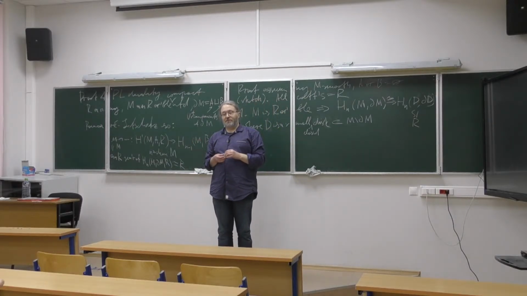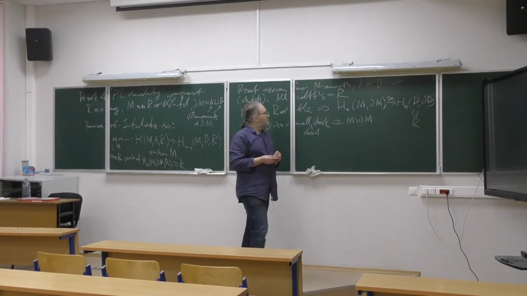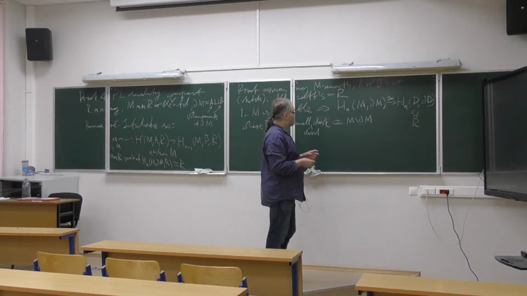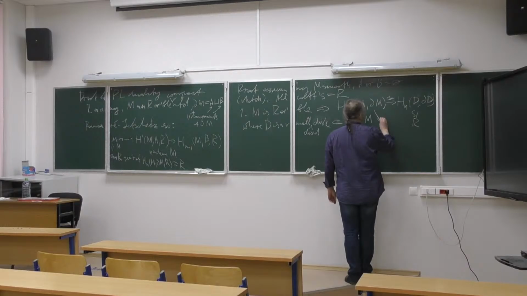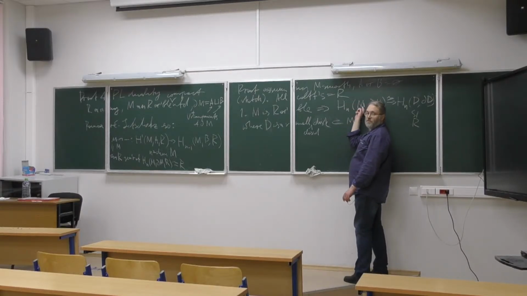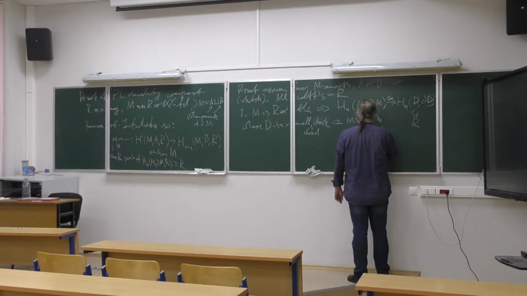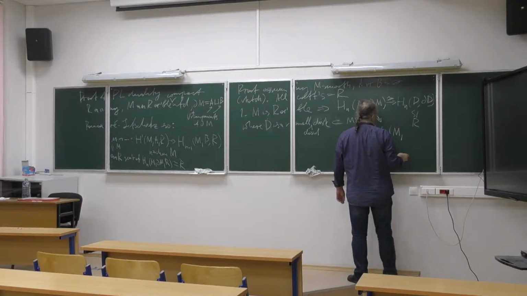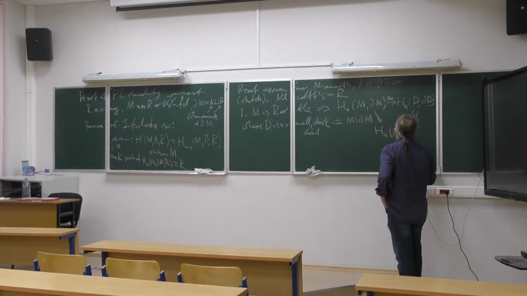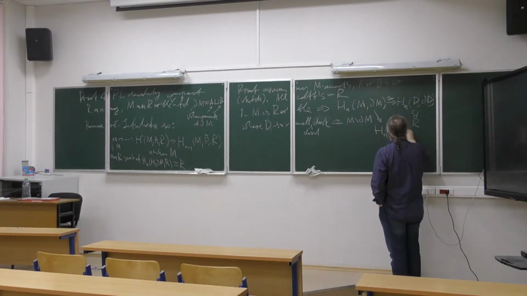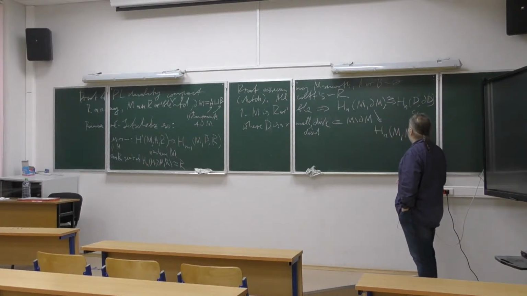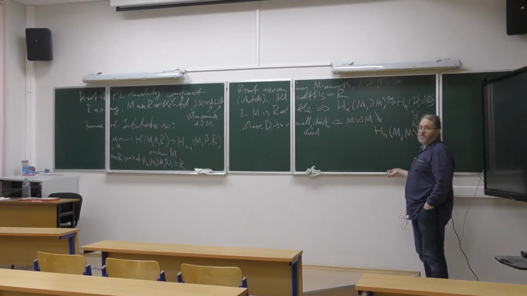I need the excision property. So I can go from this group to Hn, M, and then I take M minus D. This I'm allowed to do.